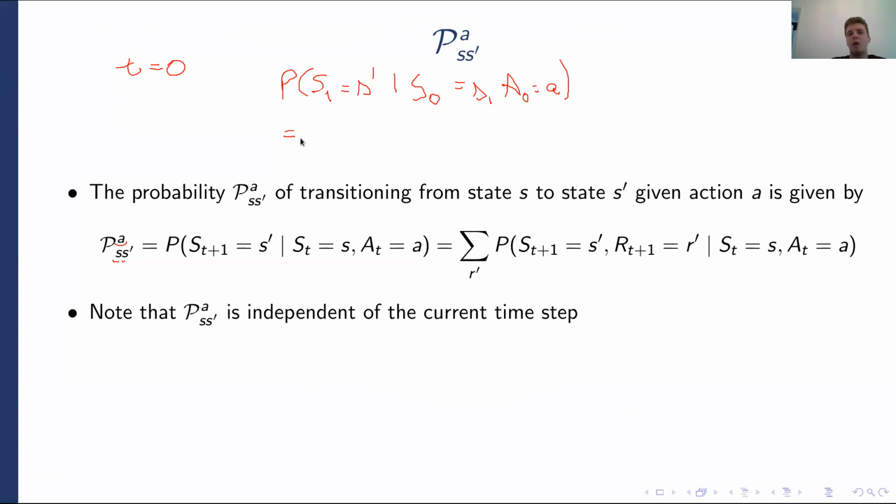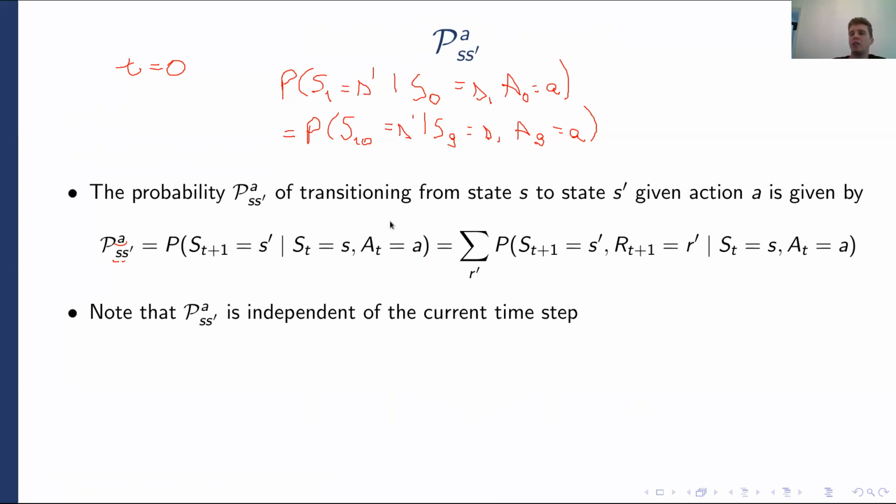So now maybe if you were at time step 10, the probability of transitioning from state S to state S prime with an action at that time step would remain the same. So that's what I mean by P_{ss'}^a being independent of the current time step.